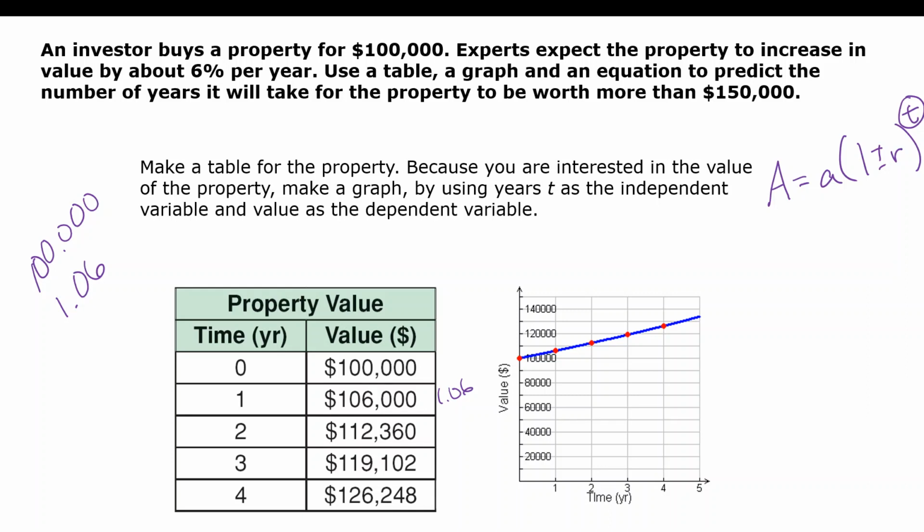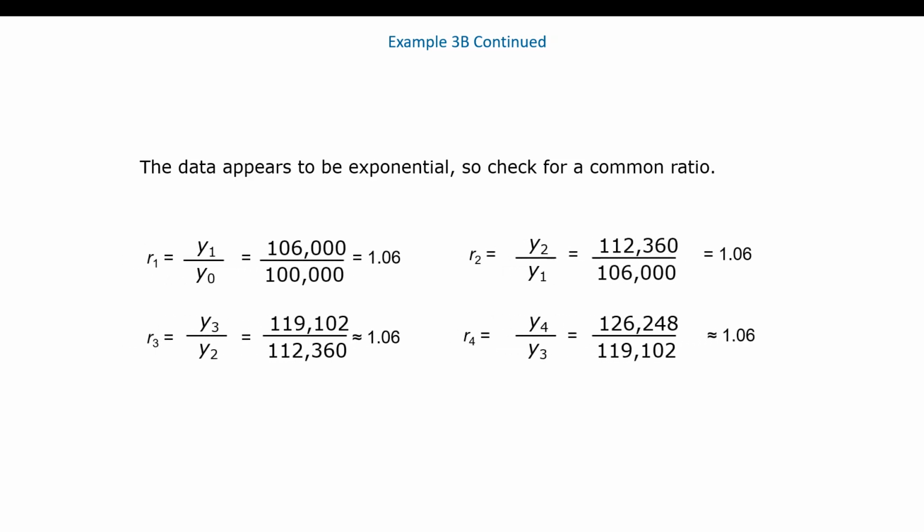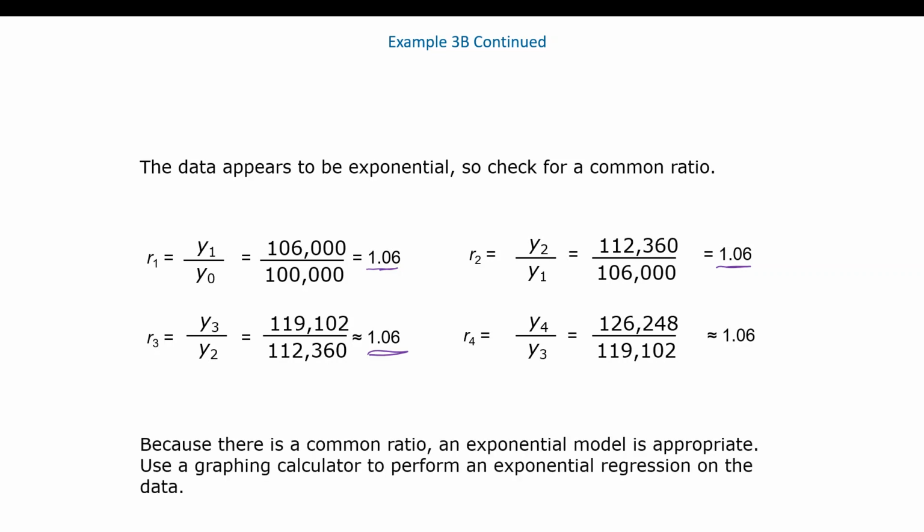But I should take a look at the data, and it appears to be exponential, so I want to check for a common ratio. I take all of these amounts and divide them, and I see that each ratio is about 1.06, which is the interest rate. Because there's a common ratio, an exponential model is appropriate.